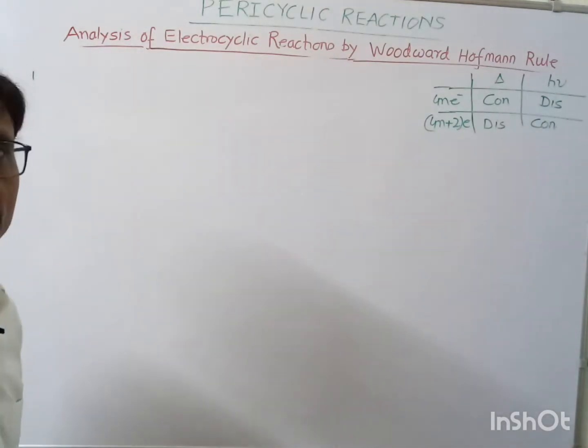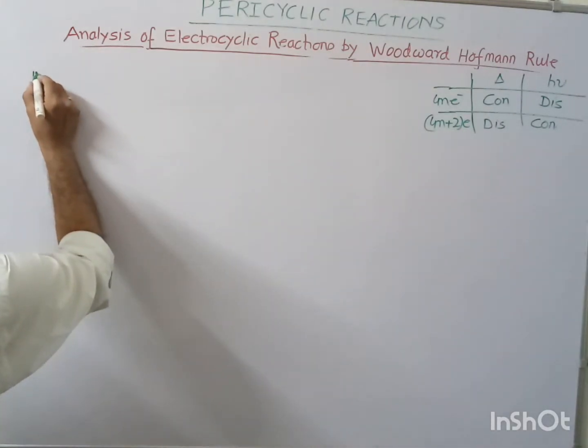According to this Woodward-Hoffmann rule, in what case is the system thermally allowed?